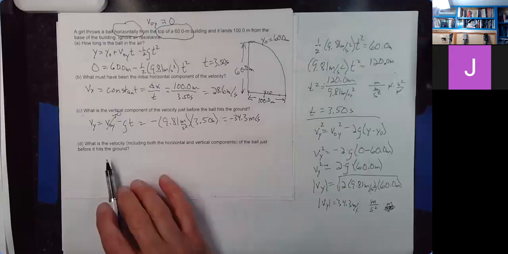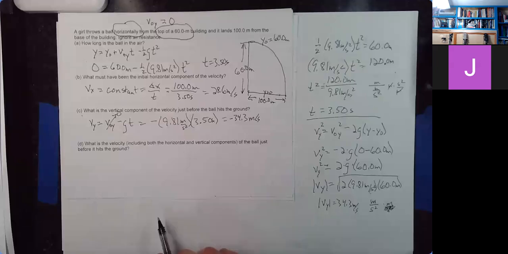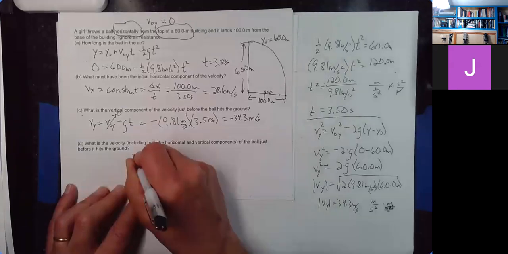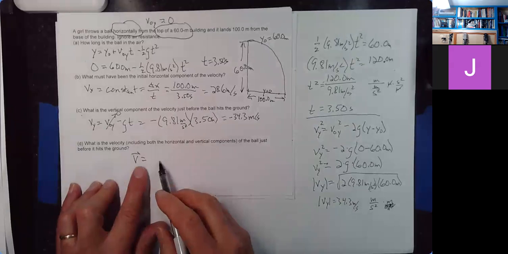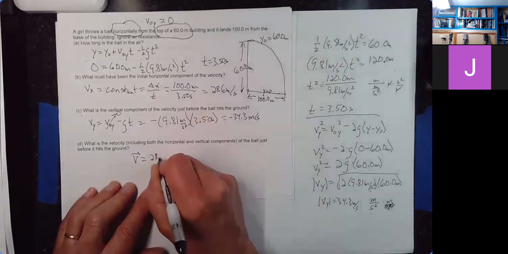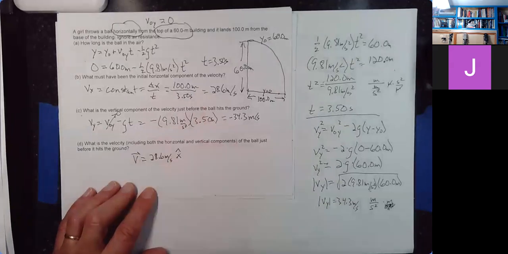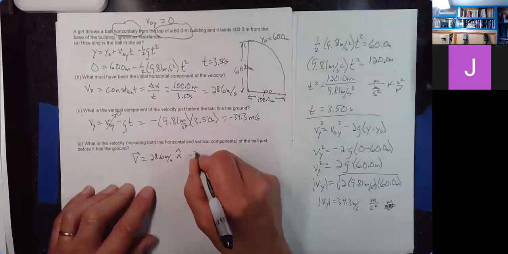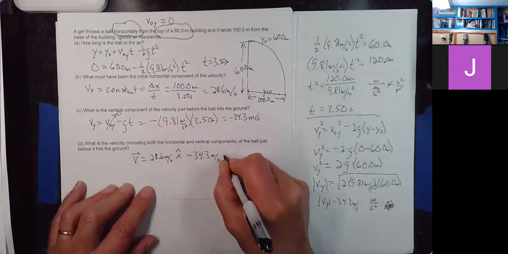Okay, then it says, what is the velocity, including both the horizontal and vertical components, of the ball just before it hits the ground? Well, one way of writing that is to say v with an arrow is going to have components. It's going to equal the x component of the velocity, 28.6 meters per second, in the x hat direction, and then that y component, minus 34.3 meters per second in the y direction.